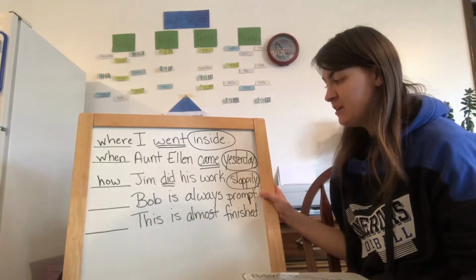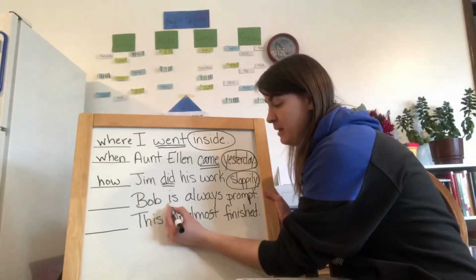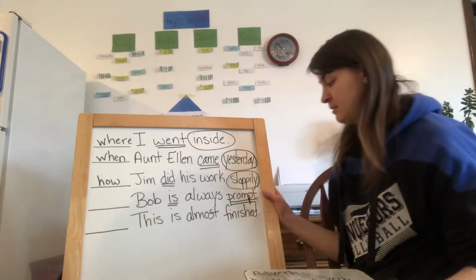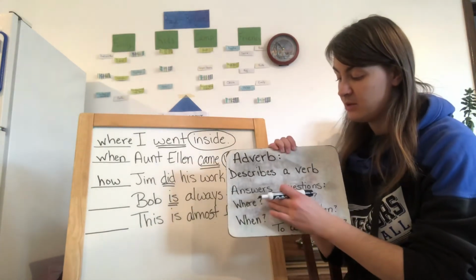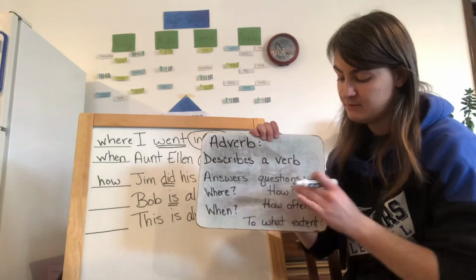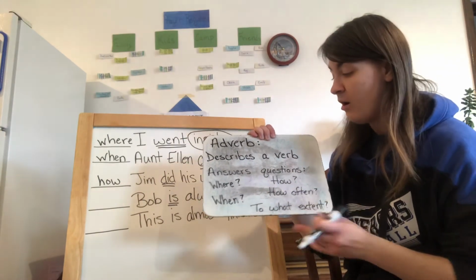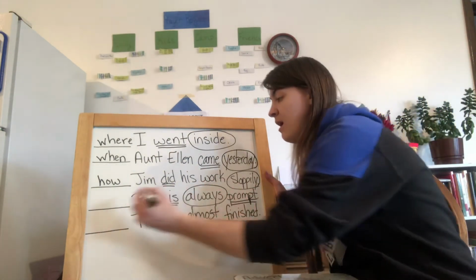Fourth sentence, Bob is always prompt. The verb here, Bob is prompt. Now, what word describes is prompt? Ask our questions, where, when, how often, to what extent. Always answers the question, how often.